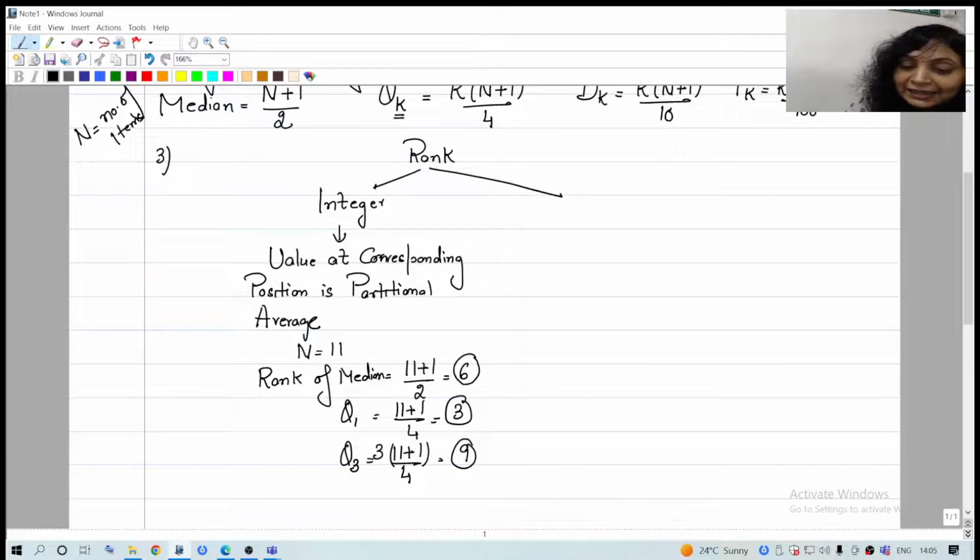And if rank is a real number, meaning it is in decimals, then how can we find the partitional average?